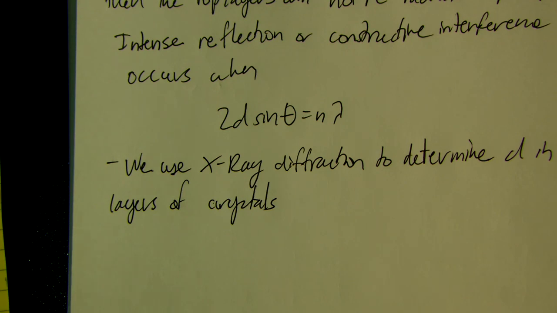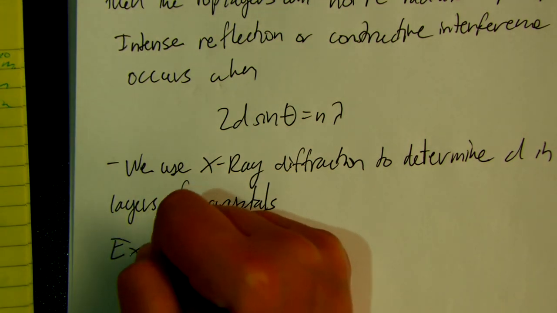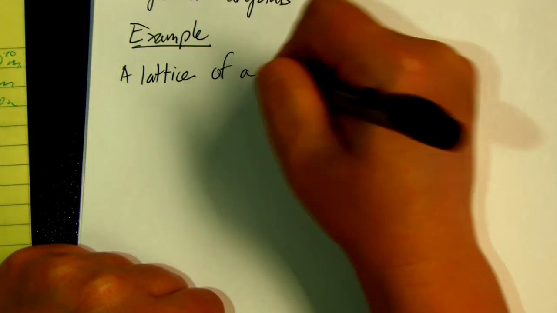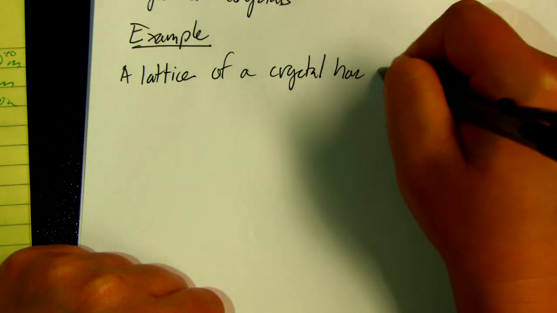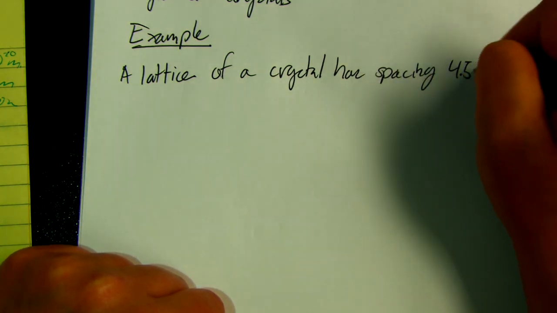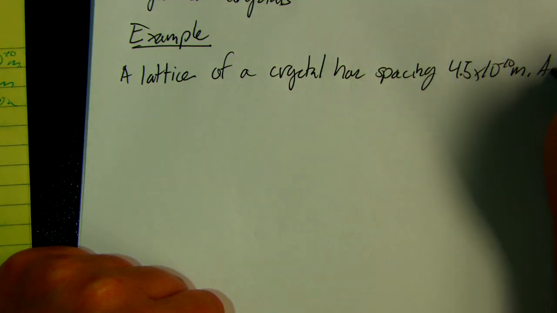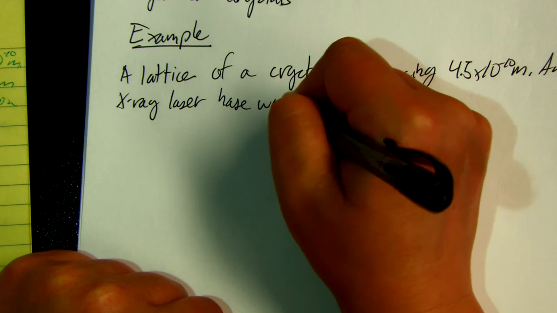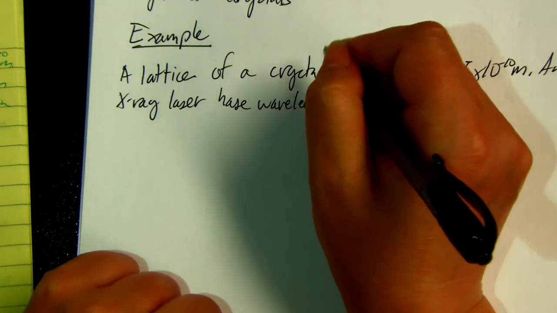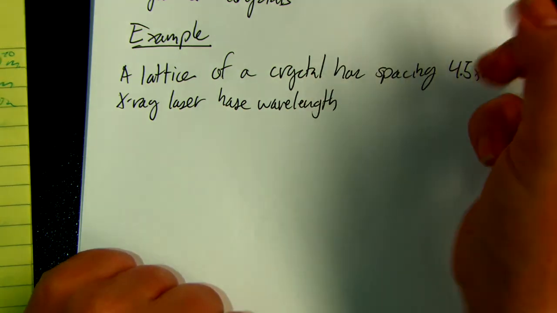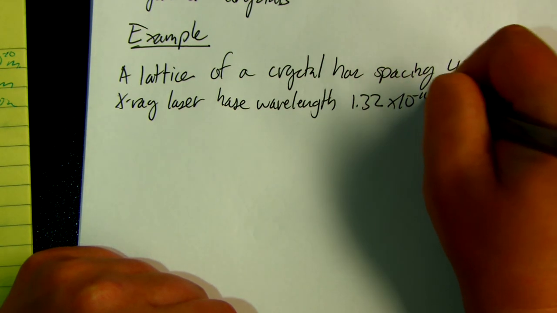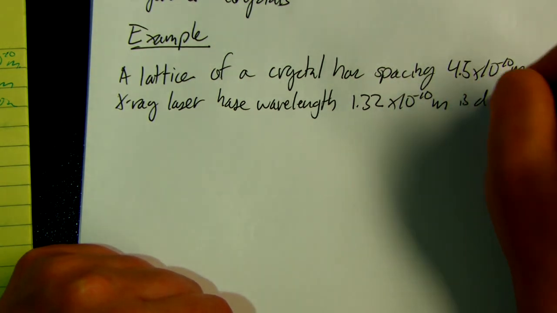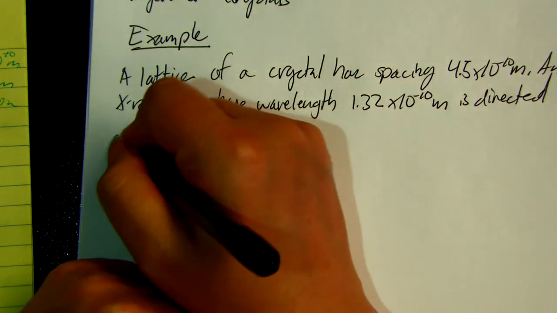Okay, so we can do an example. We have a lattice of a crystal that has spacing 4.5 times 10 to the minus 10 meters, and an X-ray laser with wavelength 1.32 times 10 to the minus 10 meters is directed at the crystal.